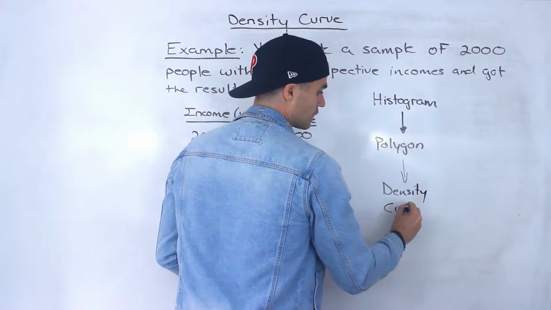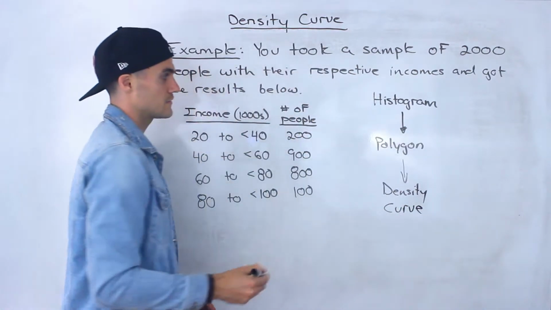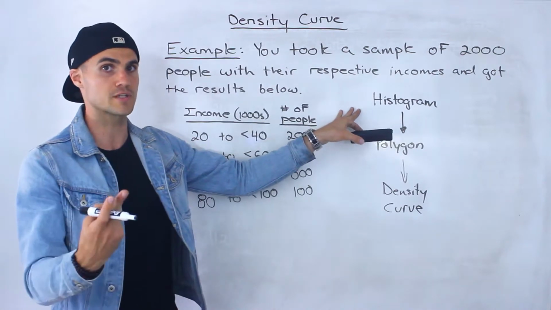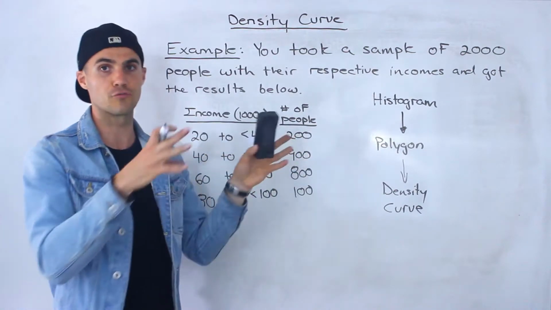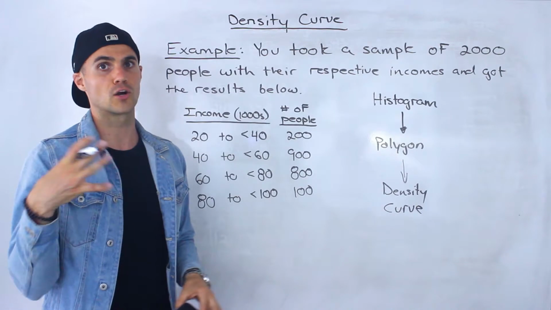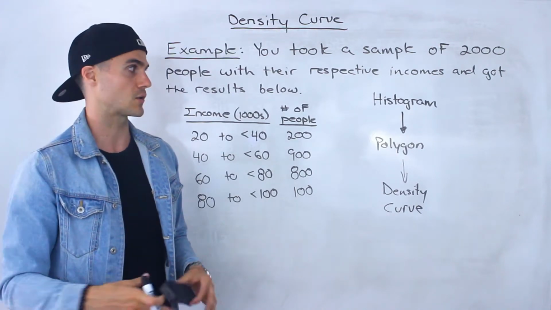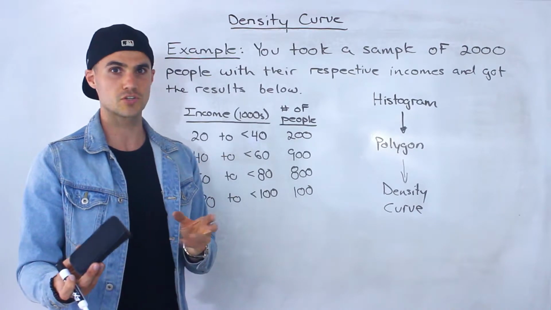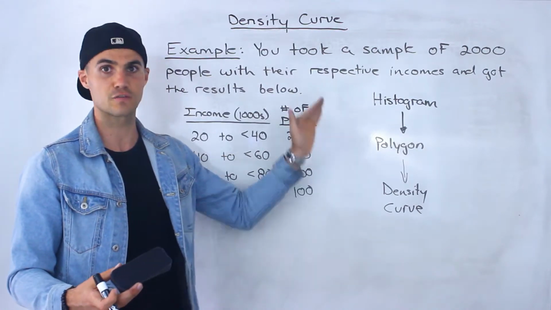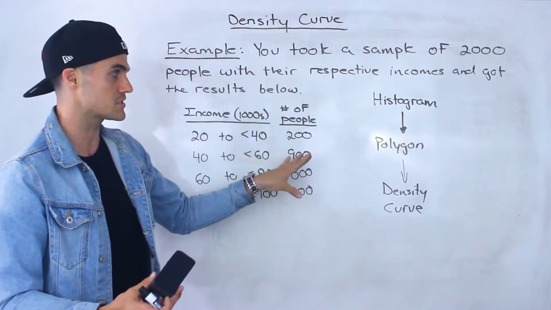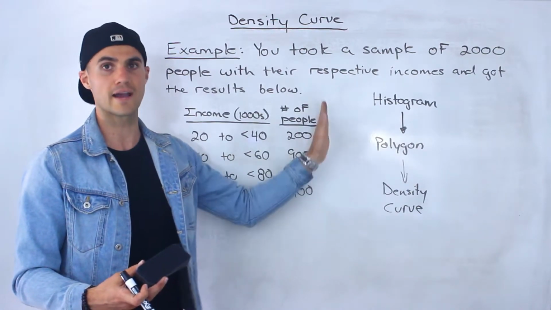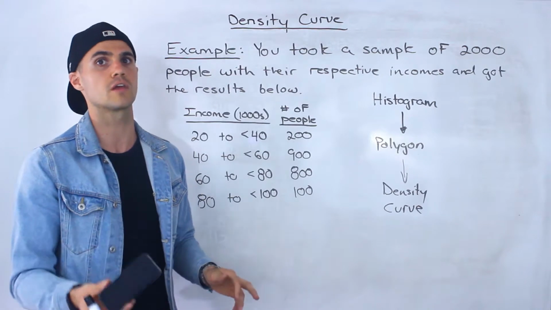So there's going to be a bit of a process in this video with this data. I'm going to be making a histogram. I'm actually going to be making two histograms. There's going to be a frequency histogram and then a relative frequency histogram. A frequency histogram is what we've mostly been showing so far, where the y-axis is the frequency, the number of observations, while for a relative frequency histogram the y-axis is going to be the proportion or the percentage.